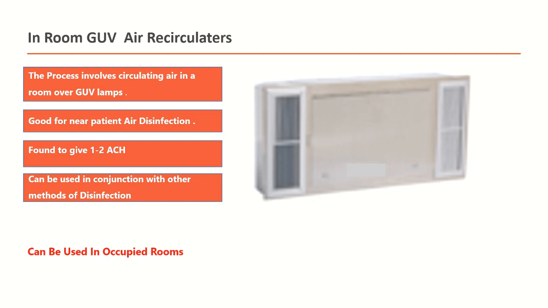So this is effective if a very large unit is used in a very small room. This can be used in conjunction with other methods of disinfection. It has one specific use: it can be placed near patients so that the air surrounding them is continuously disinfected. This type of air handler can be used in occupied rooms.